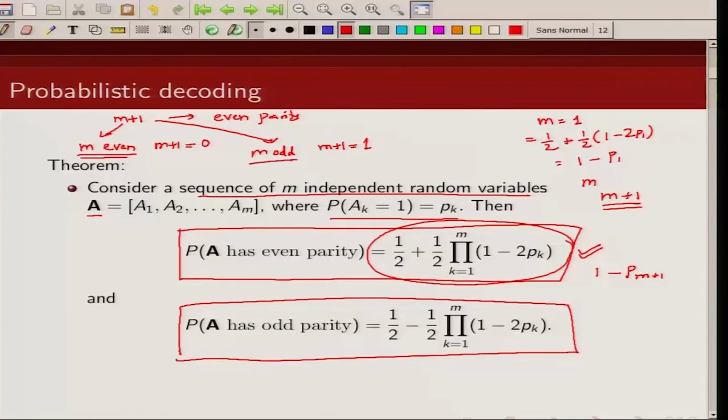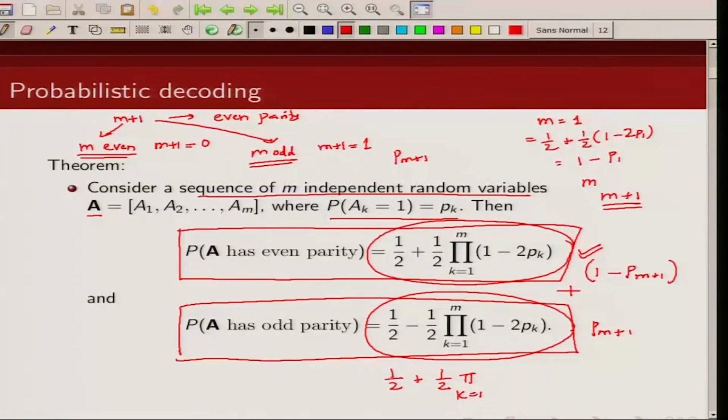What is the probability that the first m is odd? That is given by this probability. And what is the probability that the (m plus 1)th random variable is 1? That probability is given by p(m plus 1). So, the overall probability will be this multiplied by this plus this multiplied by p(m plus 1). And if you simplify this, we can show that this comes out to be half plus half product over k equal to 1 to m plus 1 of (1 minus 2pk).